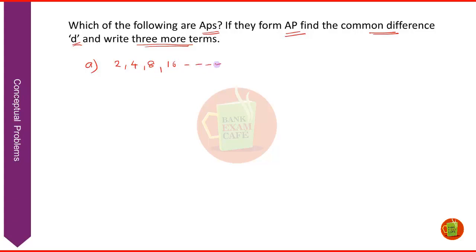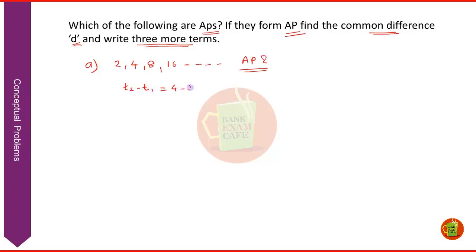And we have to find whether it is an AP or not. We know that if the difference between each successive number is common or the same, then we call it an arithmetic progression. So first T2 minus T1, that will be equal to 4 minus 2.